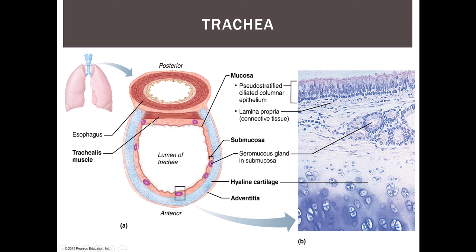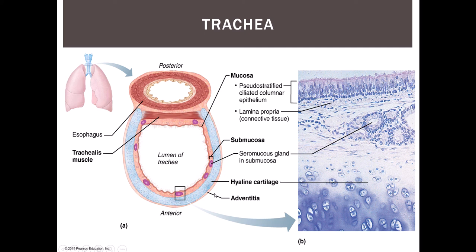So the mucosa of the trachea is lined by pseudostratified ciliated columnar epithelium. And then the submucosa is where we will find these seromucous glands that make some of that nasally mucus that we associate. And then these hyaline cartilage rings that help to maintain the patency, or the openness, of the trachea.